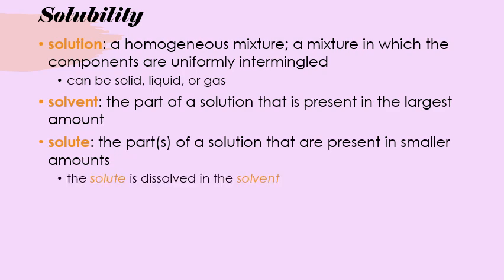Typically the solute is dissolved in the solvent. So think about putting table salt into water. You know that table salt is going to dissolve in a big glass of water. There we would say water is our solvent, and table salt would be our solute.